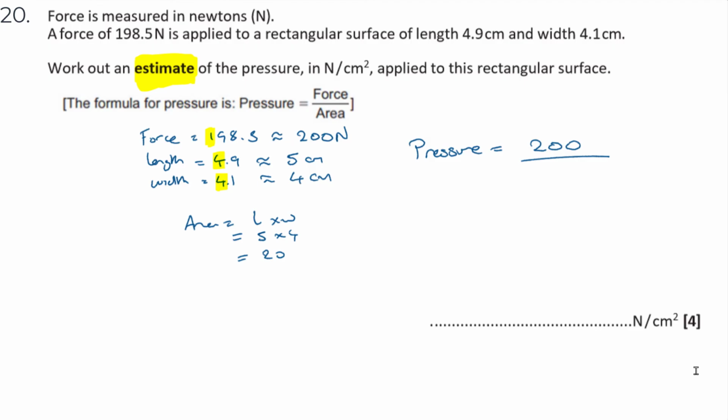So I'm going to be dividing 200 by 20. So cancel, that's 20 divided by 2. That's 10, isn't it? So that's 10 what? Newtons per square centimetre. Okay, that's 10.